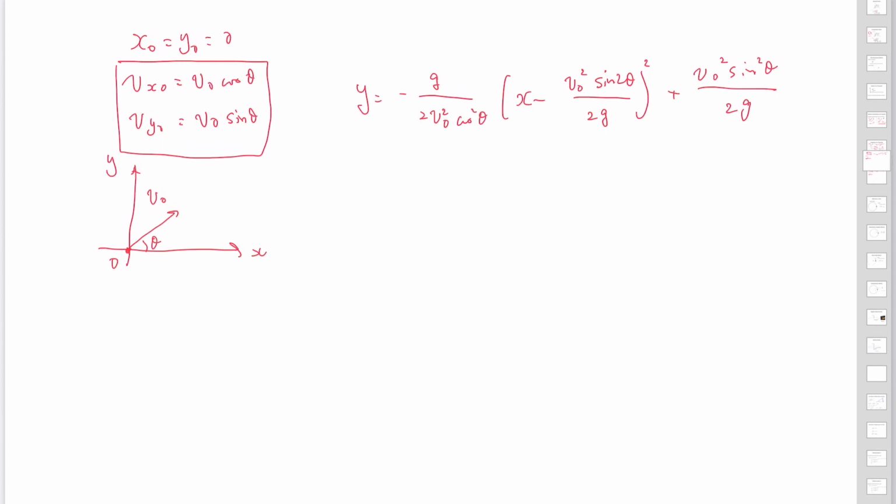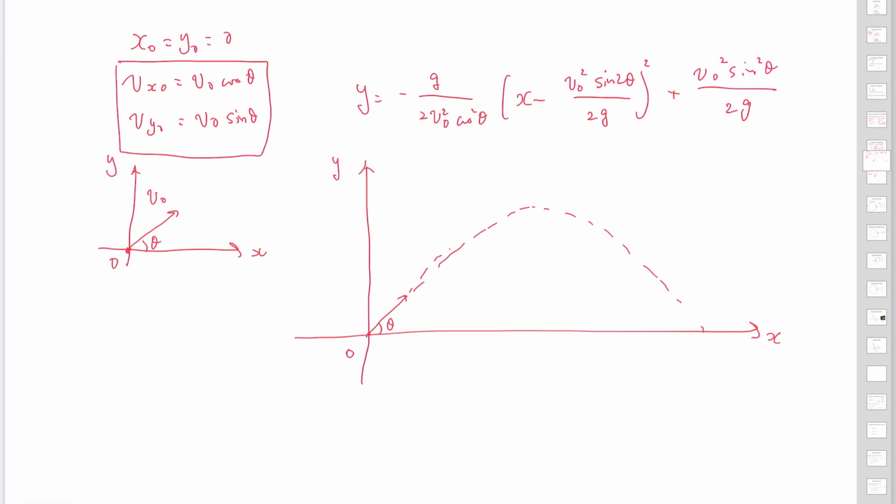Then you can draw the graph. This is the x-axis and the y-axis. The particle starts at the angle theta and follows the parabola. The highest height is given by these equations, because the first term is always negative or 0: v sub 0 squared sine squared theta over 2g.